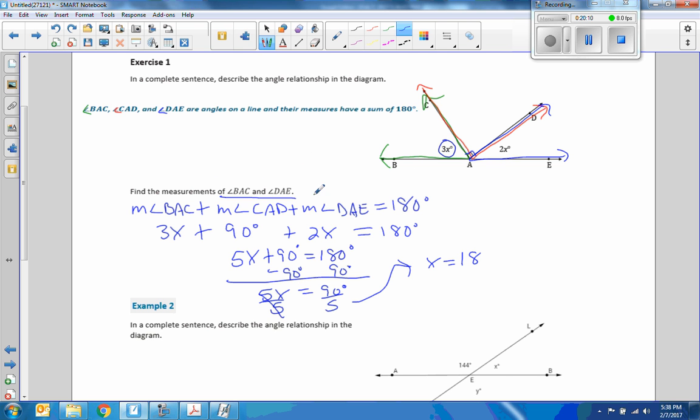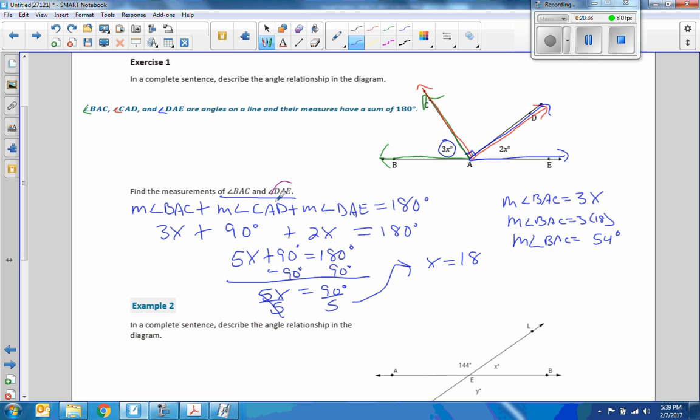Find the measures of these two angles. So the measure of angle BAC equals 3x. Therefore the measure of angle BAC equals 3 times 18, which is 54 degrees.